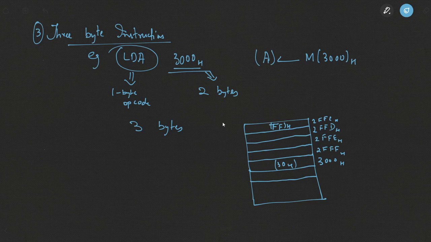Now it has to fetch the data from which location? From location 3000, and from this location it will take up the data and transfer that data to the accumulator.